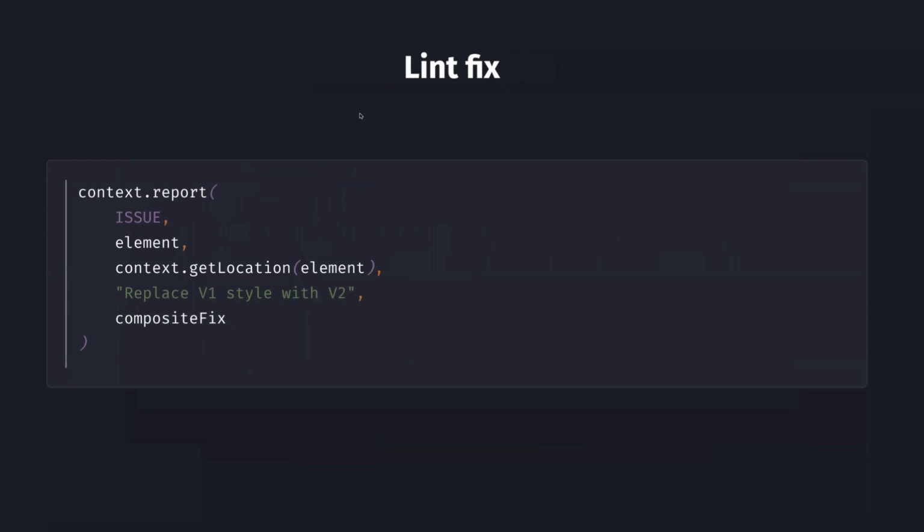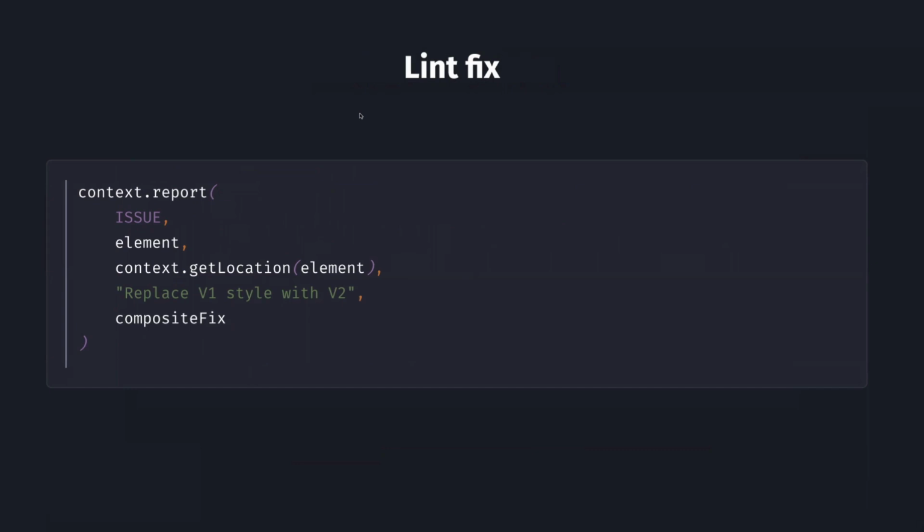And remember, I mentioned a fifth parameter in the report API. The lint fix is the last parameter that you pass. It's optional. Now you have given the developer an option of fixing the lint issue. But if you've used other lint frameworks or libraries, you would have noticed that they give you an option of auto fixing it as well. For example, KTLint.